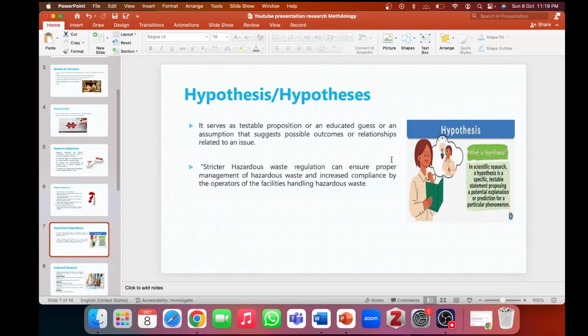So here we are emphasizing on regulations. If they are stricter in nature, then hazardous waste would be properly managed, and it would increase the compliance by the operators of the facilities who are handling hazardous waste.